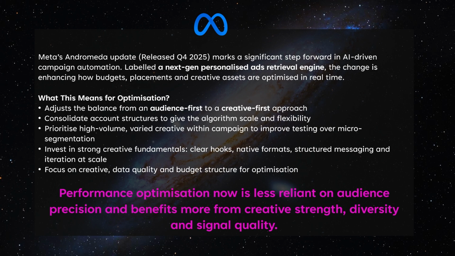The Meta Andromeda update has been quite industry-disrupting. It really has changed the way that we're meant to think about our campaign structure and our creative in particular. What used to be quite an audience-first way of targeting, where you define your audience and then try to target them with assets, has changed.